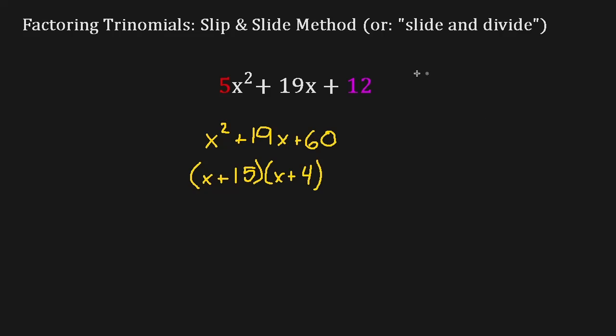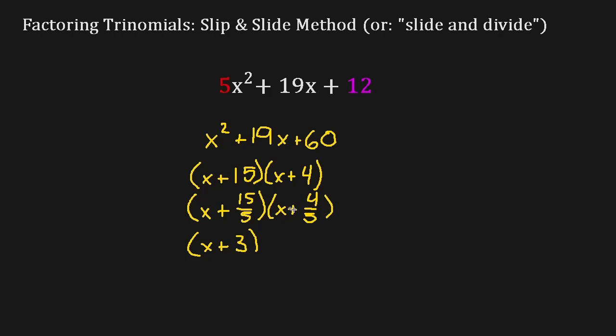Now here's where the divide from slide and divide comes in. We will divide both 15 and 4 by the leading coefficient of 5. So we get x plus 15 over 5 times x plus 4 over 5. 15 over 5 will just simplify to 3.